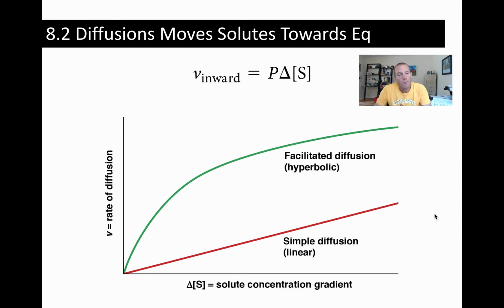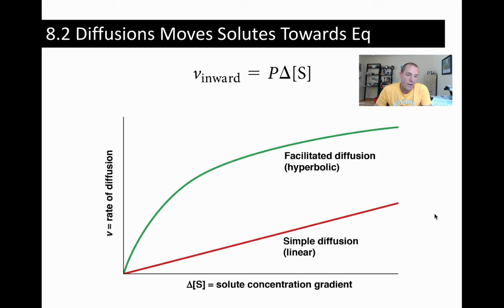Now let's compare that to what happens in facilitated diffusion. Now facilitated diffusion, we have this initial rate here where we see that the rate is again directly proportional to the solute difference across the membrane.